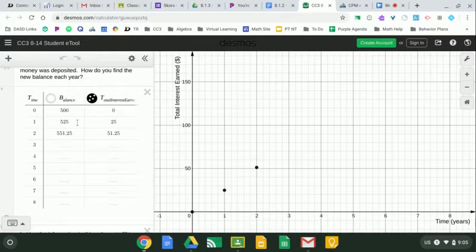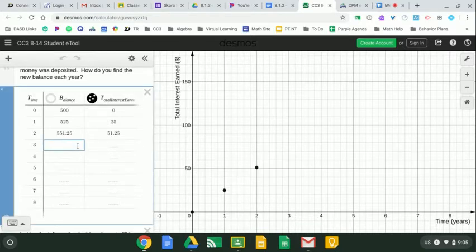Now take 525, multiply that by 1.05 again. You hit enter, you should get $551.25. Now take $551.25 and multiply that by 1.05, and let's see what you get. I got $578.81. Hopefully you did too.